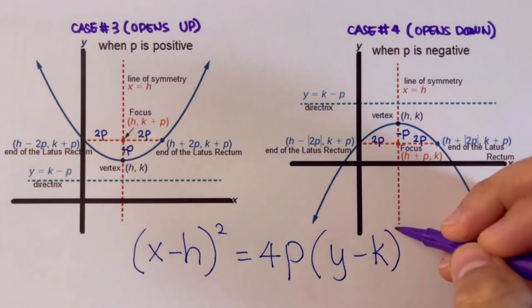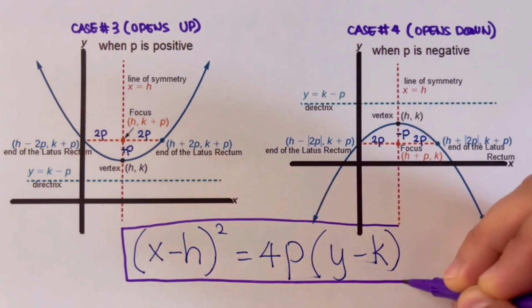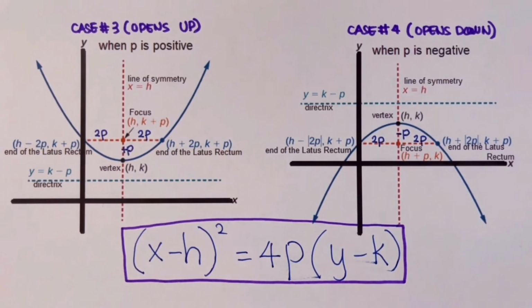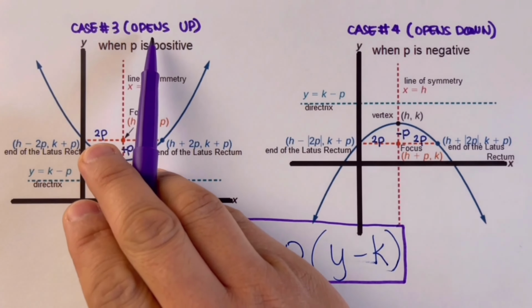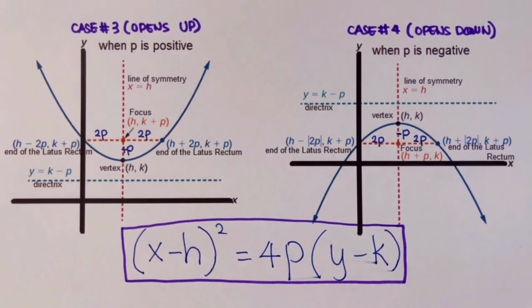This is the formula that would work for these 2 cases. Case number 3, when the parabola opens up, and case number 4, when the parabola opens down. We remember that if the p is positive, then it opens up. And when the p is negative, then the parabola opens down.